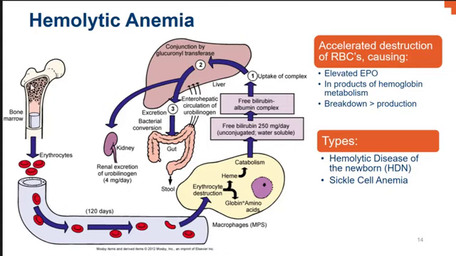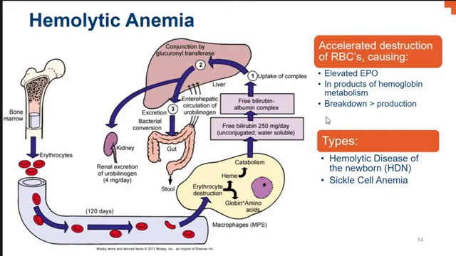But the problem is, if we produce these red blood cells, but then they're getting destroyed faster than they should be, then the kidney is constantly thinking that it needs to release EPO to produce more red blood cells because it doesn't get that feedback loop telling it that everything is okay. So elevated levels of this hormone erythropoietin would be evident.